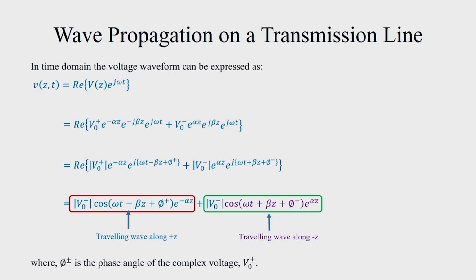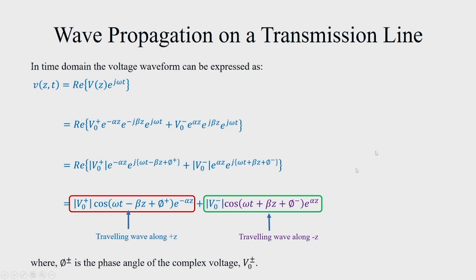We consider a simple case where we assume that alpha is equal to 0, that means the wave does not attenuate as it propagates. Further, V naught plus phase angle phi plus is 0.